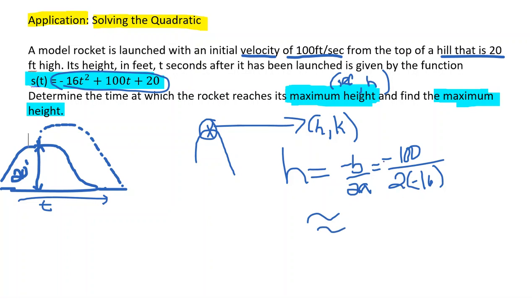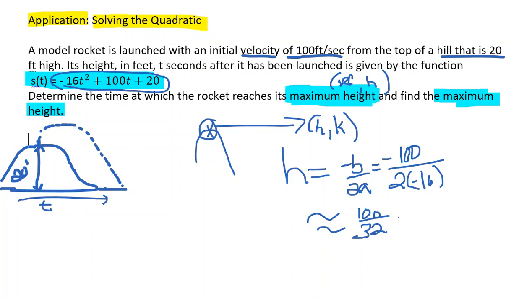Well, negative divided by negative is positive, so I got 100, and then 2 times 16 is 32. And, of course, we're going to reduce this. You always reduce. You don't want to leave it in some unsimplified form.